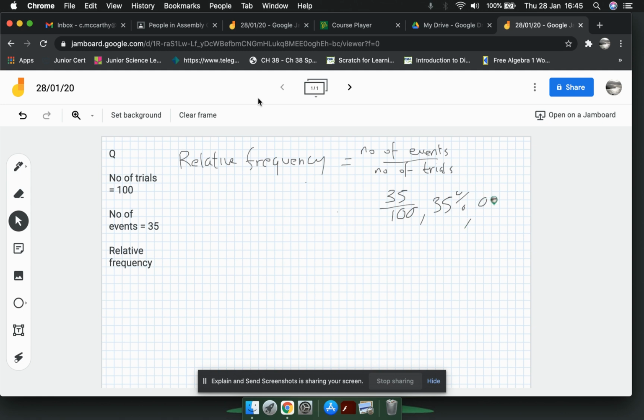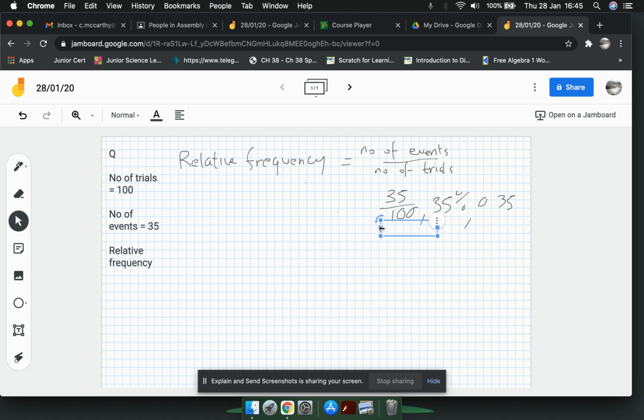That is the likelihood of getting a number 4 on the die. So I'm going to write that in there as well, so we're all perfectly clear. That's the relative frequency, that's the actual probability there.